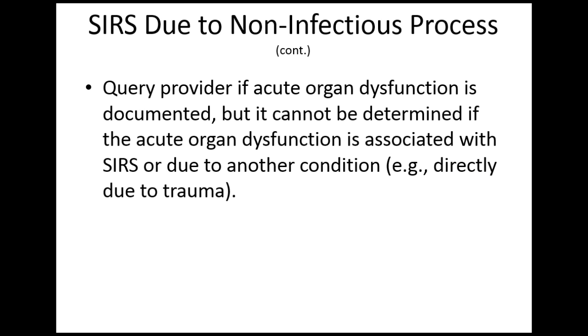It's important to remember you can always query the physician if an acute organ dysfunction is documented, but it cannot be determined if the acute organ dysfunction is associated with SIRS or due to another condition. We cannot assume a correlation with dysfunction and the systemic infectious response or with sepsis.